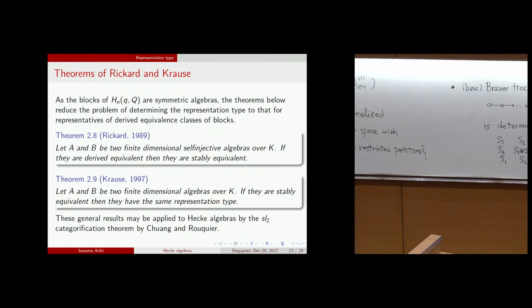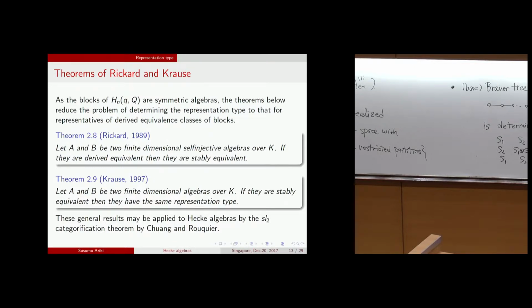And the second result is Krause's in 1997, which also appeared in Chan-Chan's talk. If A and B are two finite dimensional algebras over an algebraically closed field K, and if they are stable equivalent, then they have the same representation type. So both together say that if two symmetric algebras are derived equivalent, then they have the same representation type.